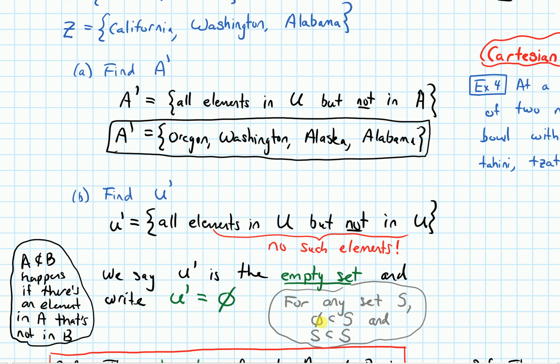But with the empty set, there's nothing in it. So I can't find an element that's in the empty set that's not in S. So it would be untrue to say that the empty set is not a subset of the set S. And as a result, that means the empty set is a subset of S.